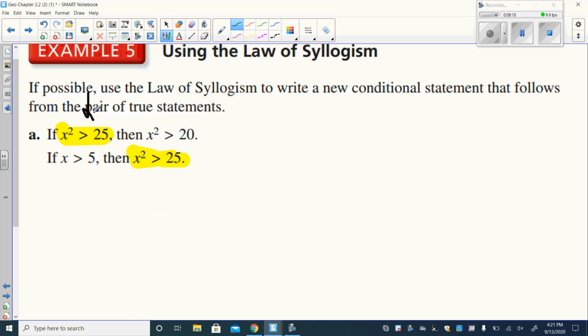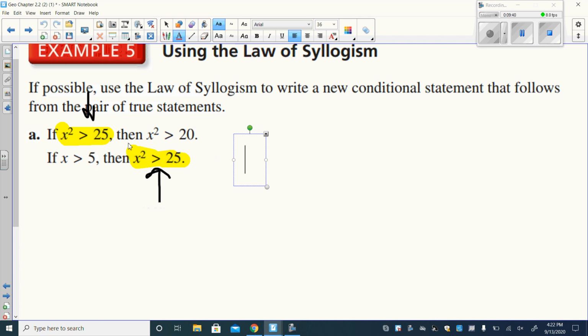This right here, we need an if and a then to match. And we have that. X squared is greater than 25. X squared is greater than 25. So we have those two statements. Now we can use the law of syllogism, because if the if of one and the then of the other match, they are the same statement, we can use this law of syllogism to make a new statement.